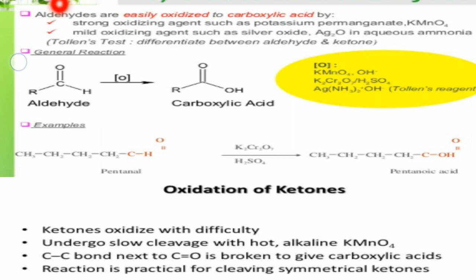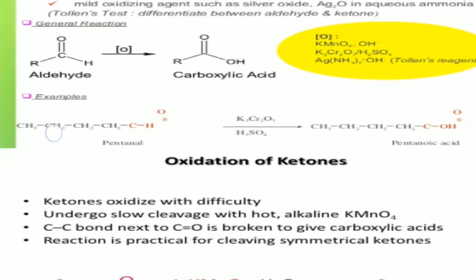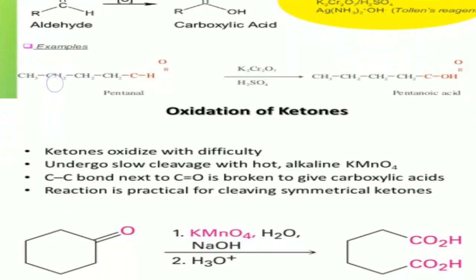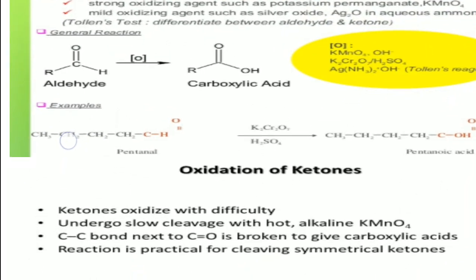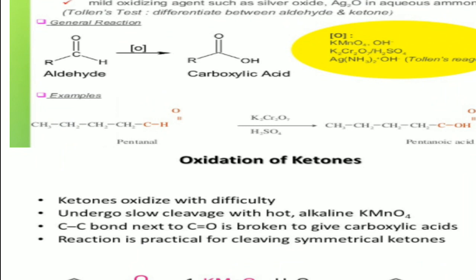But strong oxidizing agents like potassium permanganate and potassium dichromate oxidize both aldehydes and ketones to respective carboxylic acids. On the slide we are observing aldehyde on oxidation giving carboxylic acid.